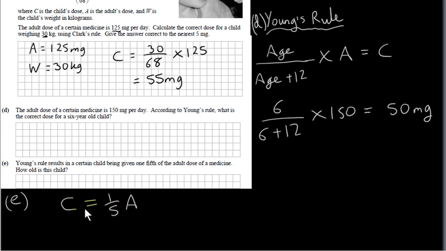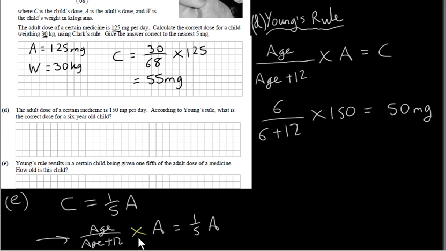So we plug this into the formula for Young's rule. So we have age over age plus 12 multiplied by A equals C. But for C, I will plug in 1/5 of the adult dose. The child's dose is 1/5 of the adult dose.